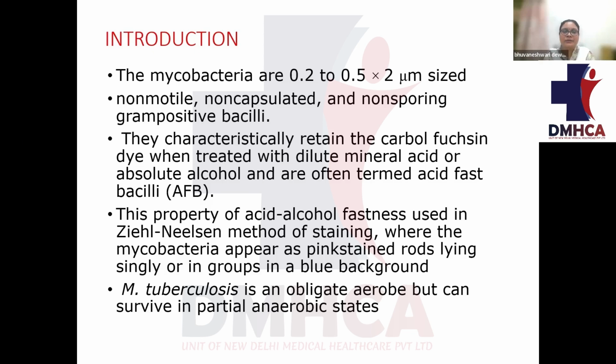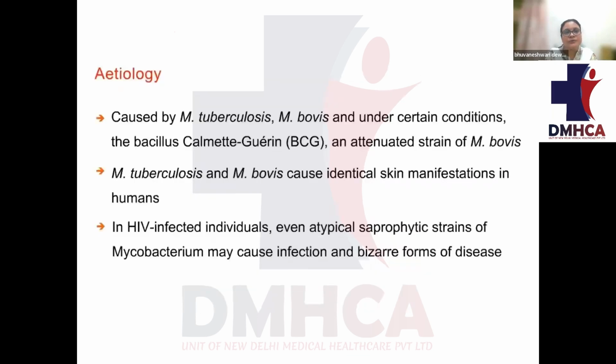Mycobacterium tuberculosis is an obligate aerobe but can survive in the partial anaerobic state also. So this feature makes it an obligate parasite in the human body also. Mycobacterium tuberculosis and Mycobacterium bovis, under certain conditions, cause cutaneous TB.